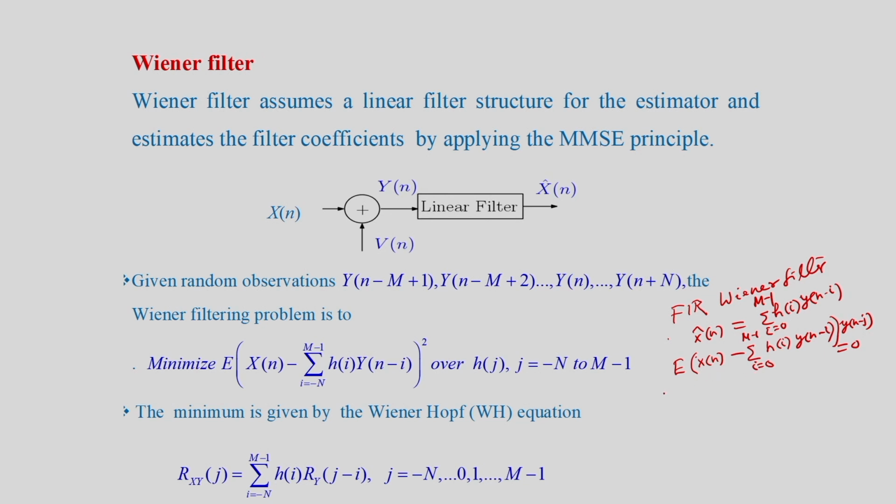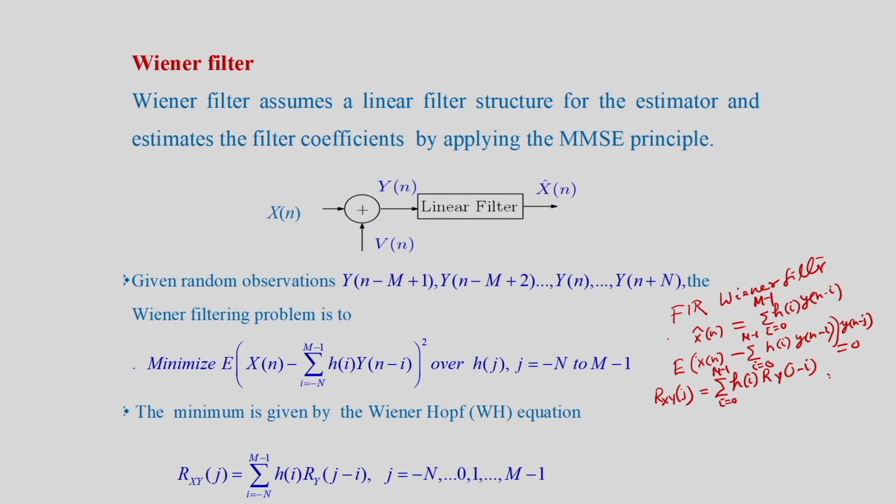From this we will get that Rxy of j is equal to summation hi into Ry of j minus i, i going from 0 to M minus 1.